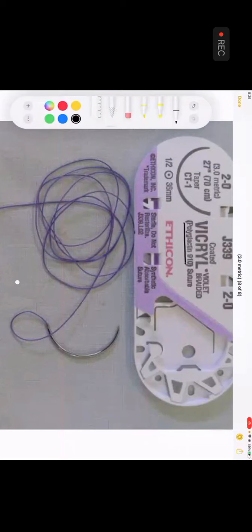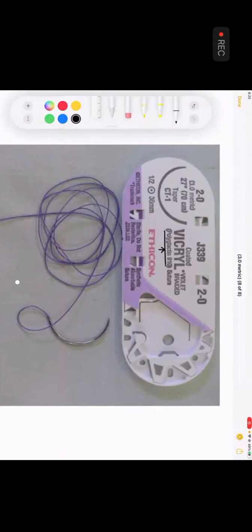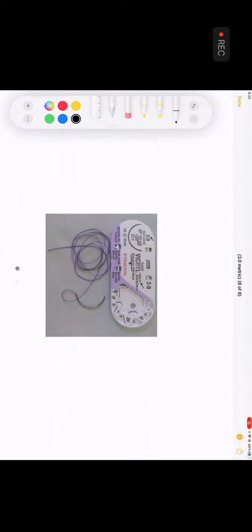What is the material, the chemical, in Vicryl? Polyglactin. What is the color? Violet. What is the nature of the suture? Braided. What is the size of the suture? 2-0. So, what is the length of the suture? 70 centimeter. Very good.